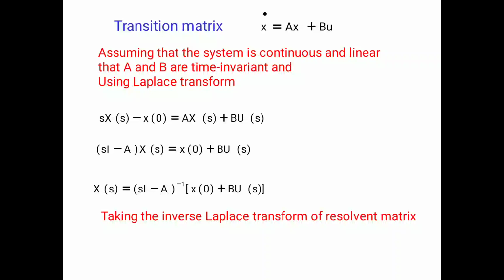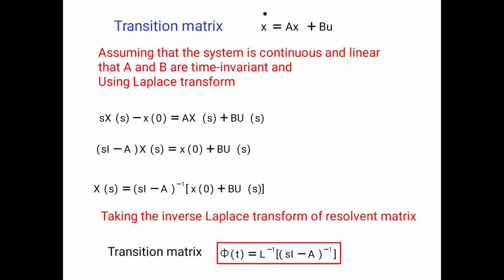We take the Laplace of the state equation, and finally by taking the inverse Laplace of the X of s equation, we get the transition matrix, that is phi of t is equal to the Laplace inverse of (sI minus A) inverse.